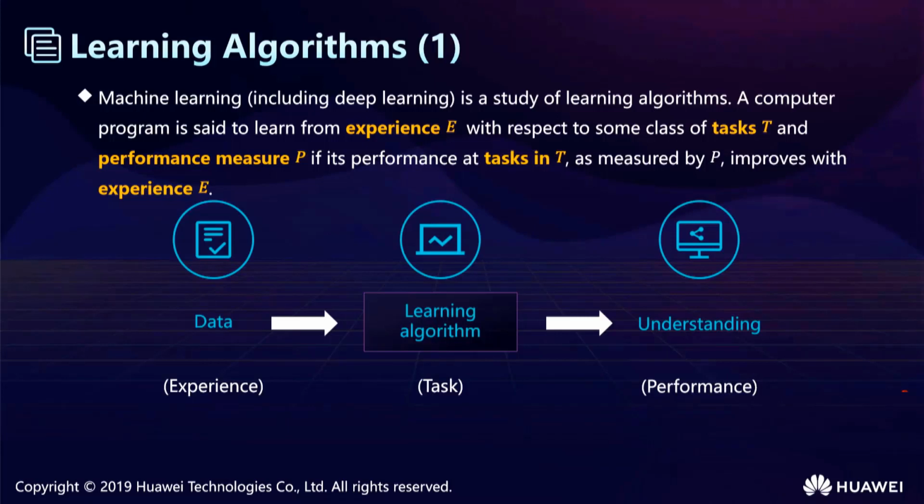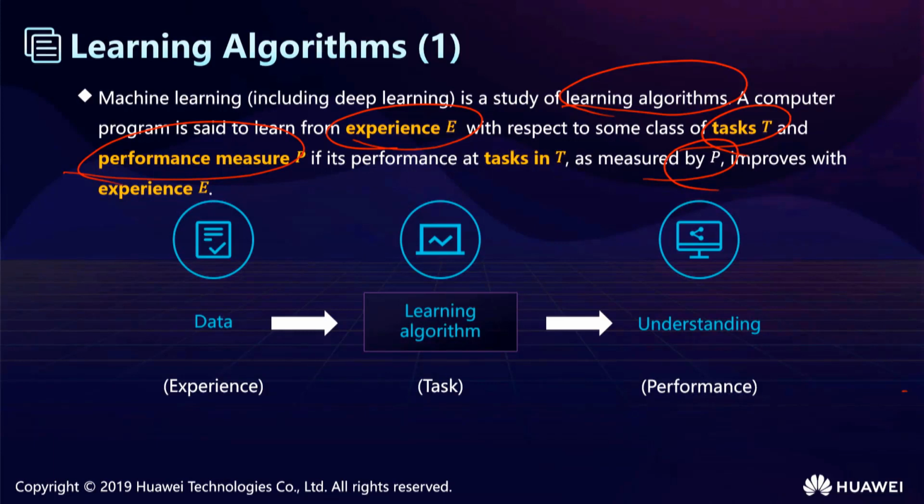As we all know, machine learning is the core technology of AI, and deep learning is a subset of machine learning. So what is machine learning? Machine learning is the study of learning algorithms, where a computer program learns knowledge from experience E, finishes the task T, and uses the performance P to measure whether the result is good or not.